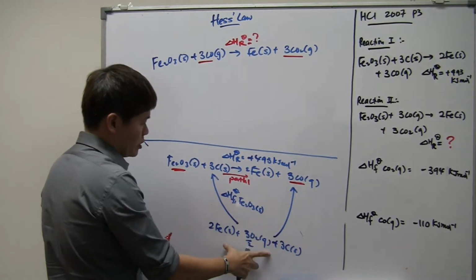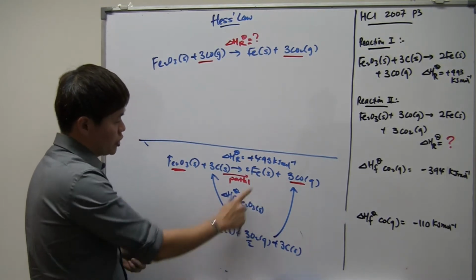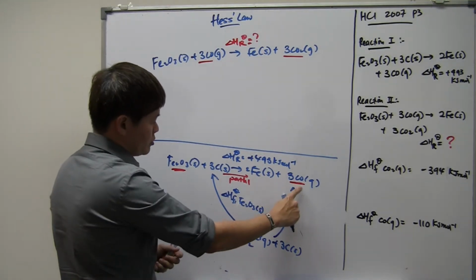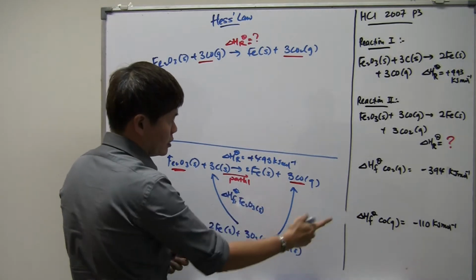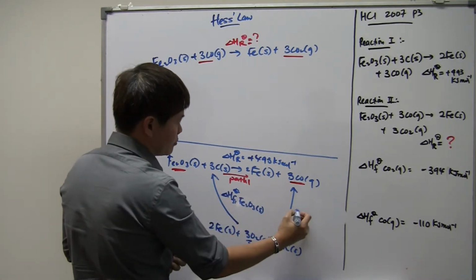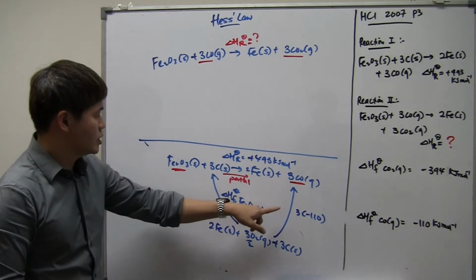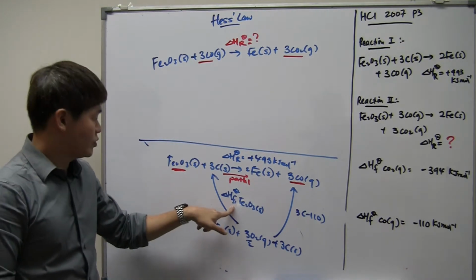So let's take a look at how this forms the right-hand side. Now iron, the 2Fe, there is no change. So the enthalpy change of formation is 0. But enthalpy change of formation of CO from the elements is actually given in the data. This is to form 3 COs. So it's 3 times negative 110. So this enthalpy can be found. This is given. We can find the enthalpy change of formation of Fe2O3.